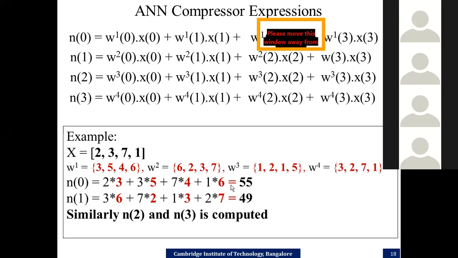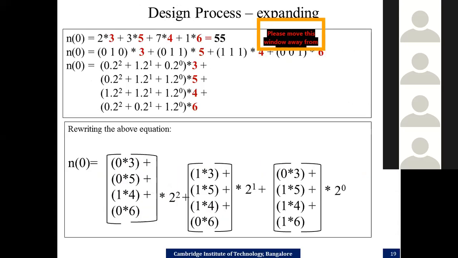This is the output that I generate at neuron 1 before the network activation function. And the output at neuron 2 is N1, which is 3 into 6, 7 into 2, 1 into 3, 2 into 7. Okay, so this is the output of the second. Similarly, you compute the outputs of the second and third.